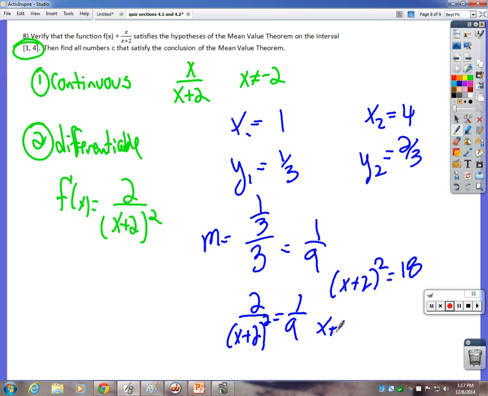Square root both sides, so x plus 2 equals plus or minus, but I guess I don't need the minus because I only want on the interval from 1 to 4. What is that, 3 root 2? And then subtract 2 from both sides, so 3 root 2 minus 2, which you could also write as approximately 2.24. Okay?